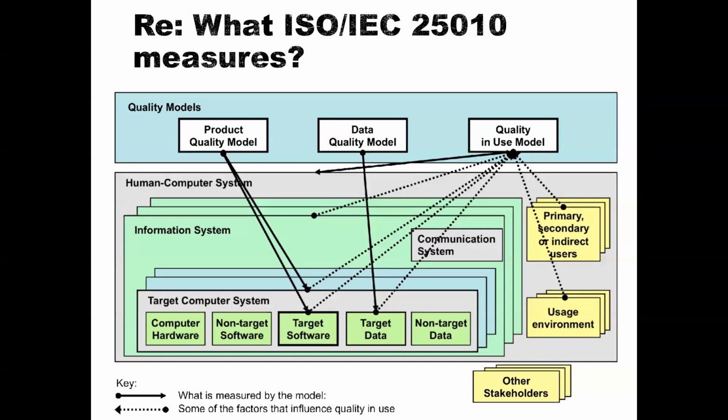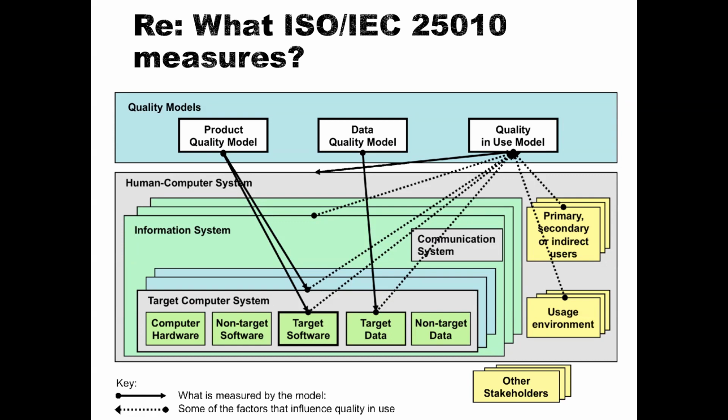Similarly, we saw some characteristics for the quality in use model, based on which we try to measure, once the product is delivered, its effectiveness, its reliability, and so on. There were, I think, 4 or 5 different characteristics based on which we can measure the quality in use of a particular product.